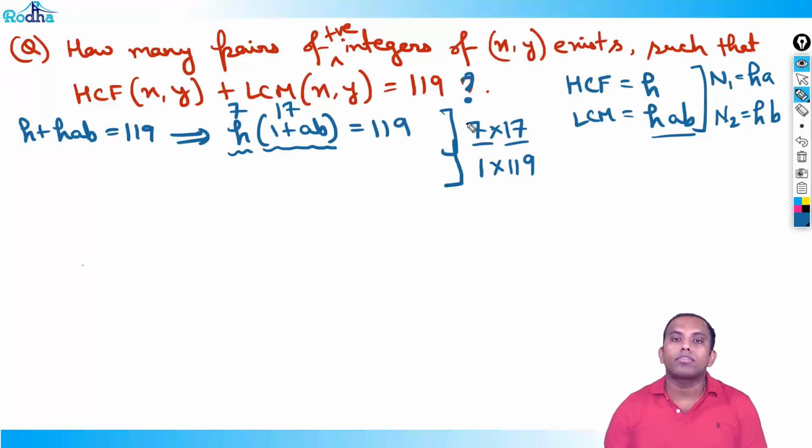Then reverse, h is 17 and 1 plus ab is 7. Third case, h is 1 and 1 plus ab is 119. Fourth case, h is 119 and 1 plus ab is 1. So let's discuss these 4 cases here. Now first case, case 1.